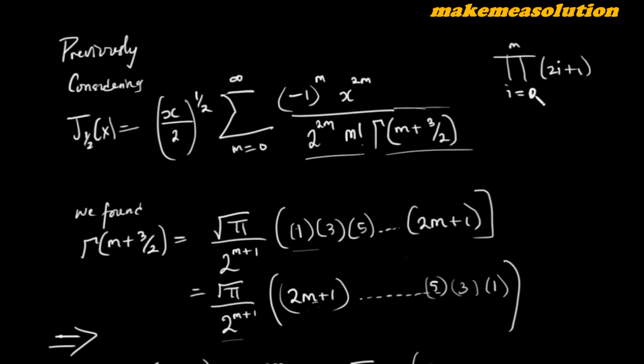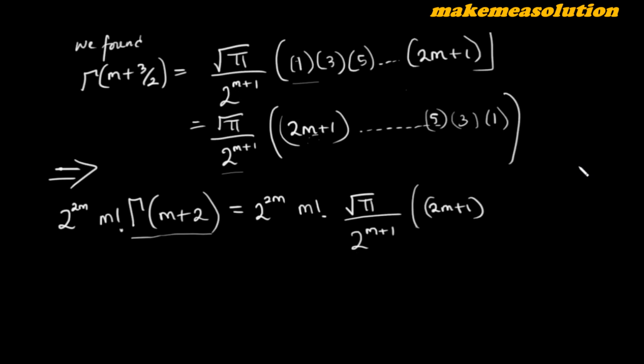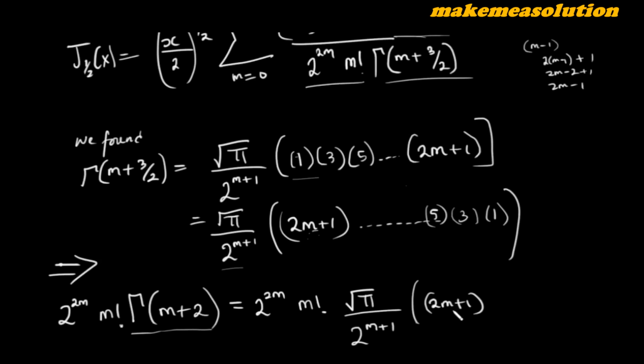The one before it is when m is 1 less, that's when m is m minus 1. If you substitute it into this formula, you have 2 times m minus 1, then plus 1, which is 2m minus 2 plus 1, which is 2m minus 1. Is that okay? So the odd number that is preceding this one is actually what?